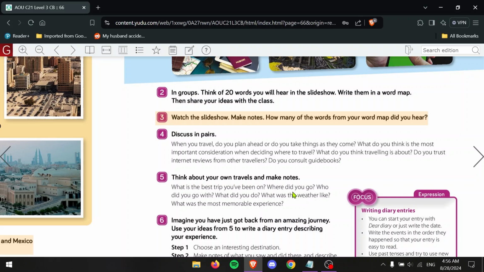Do you trust internet reviews from other travelers? I'd say yes and no. It's a very good idea to read some internet reviews, especially if a place has a lot of reviews. You'll find some good ones. Obviously, like the slideshow said, there are trolls and jokers and people that don't know how to use computers.